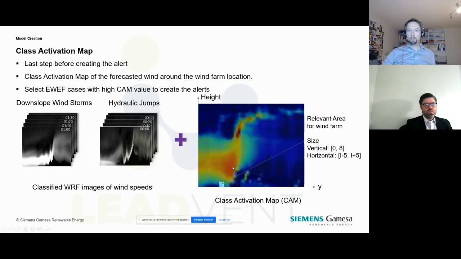Then you can see with the red values, these are areas where we are having some high values of class activation. And then the blue ones are low values. And the idea that we are following up here is if there are only low values of class activations in the area of the wind farm, then we still don't create any alert, because then there might be some critical event in the complete area, but that might not be relevant to the wind farm itself.